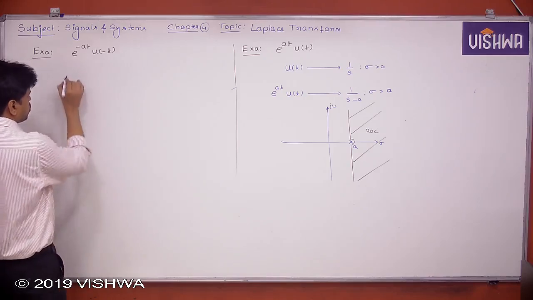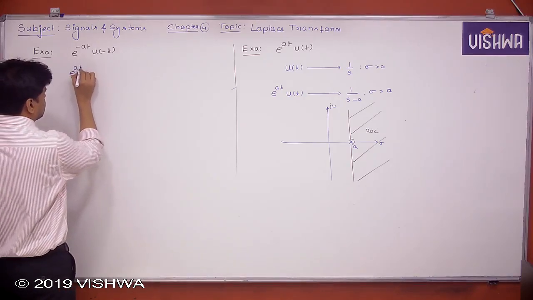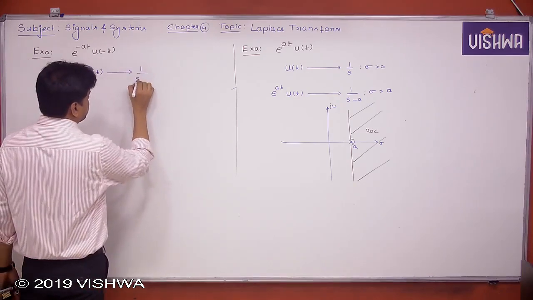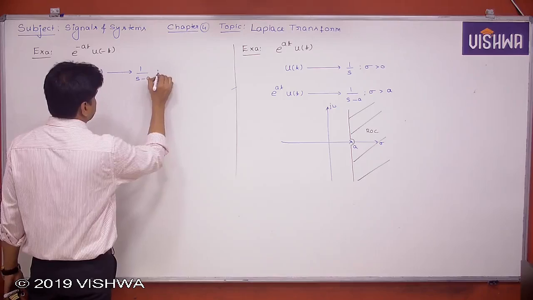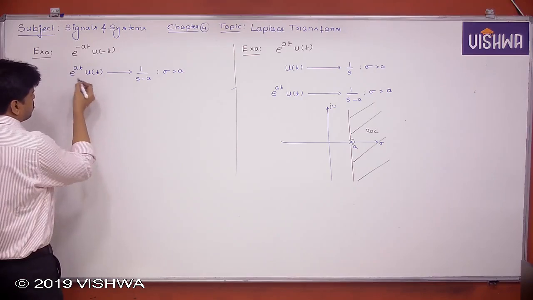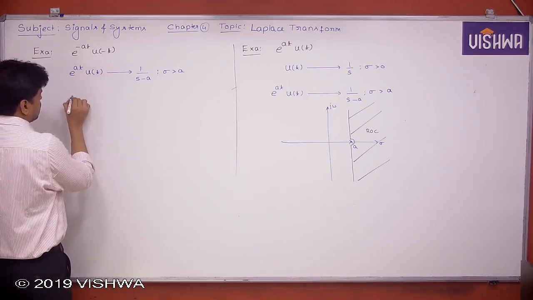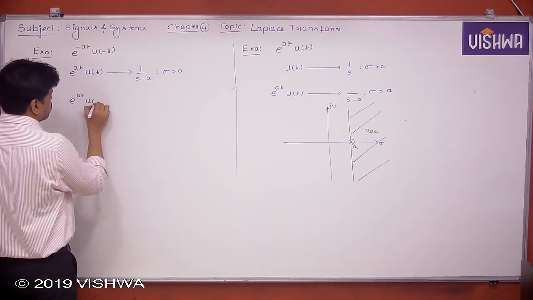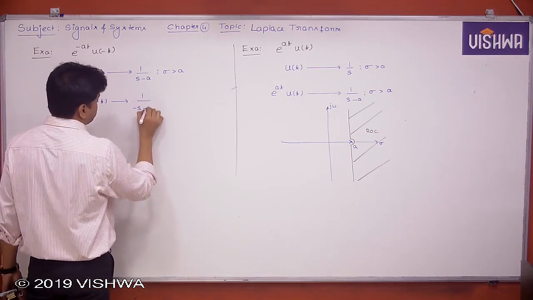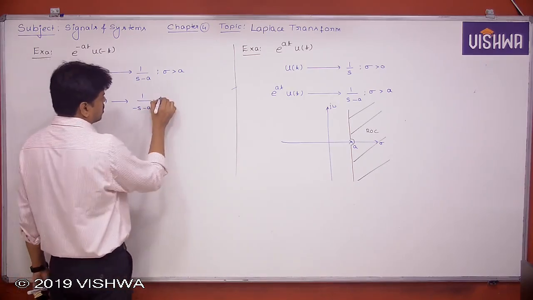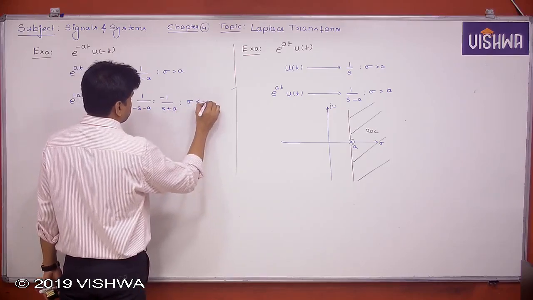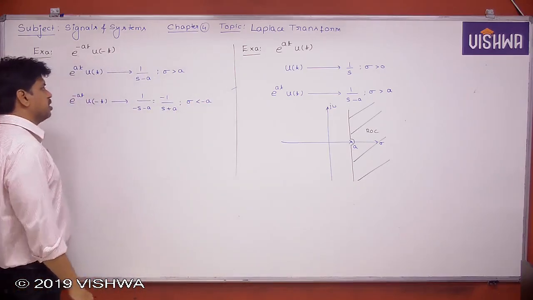Just now we came to know e power at u of t is 1 by s minus a, sigma greater than a. Suppose if I replace t with minus t, then it is going to be e power minus at u of minus t. Then s has to be replaced with minus s. Then if I take minus common out, this is minus 1 by s plus a, sigma less than minus a.